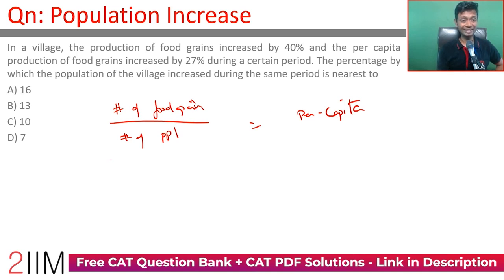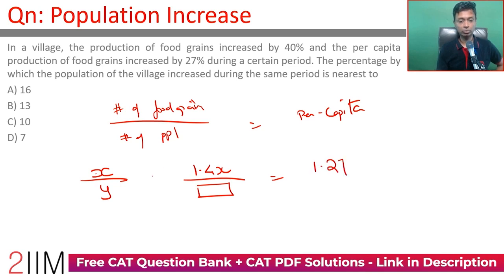Let's say this per capita number was x by y. Originally, it has become 1.4x by something, which happens to be 1.27 times of this number.